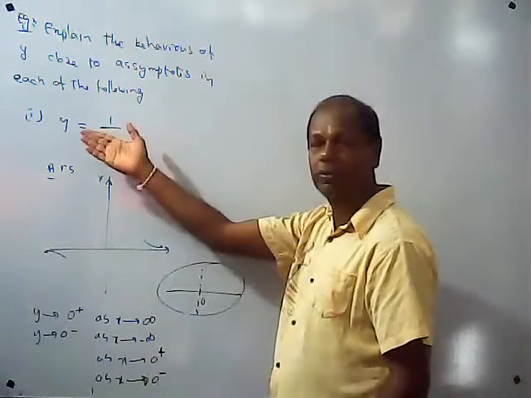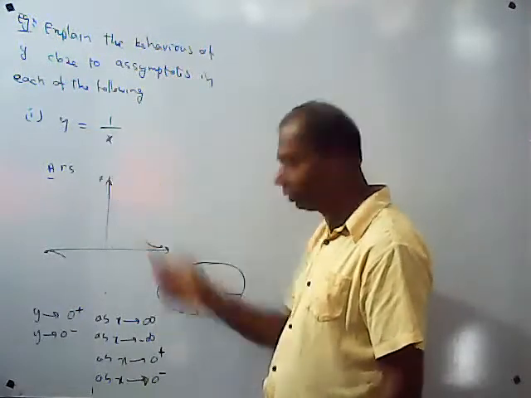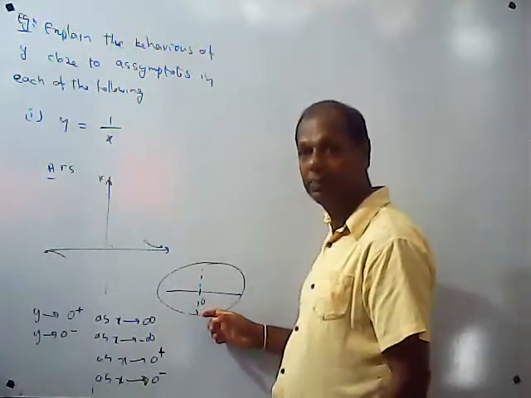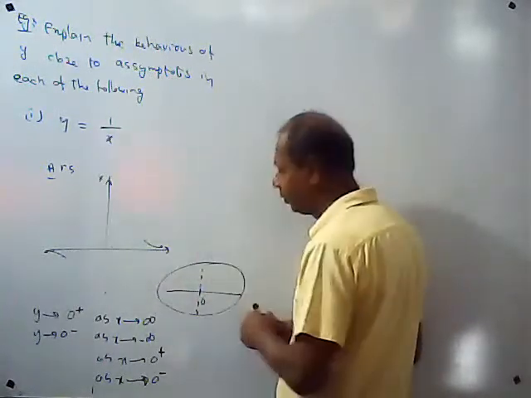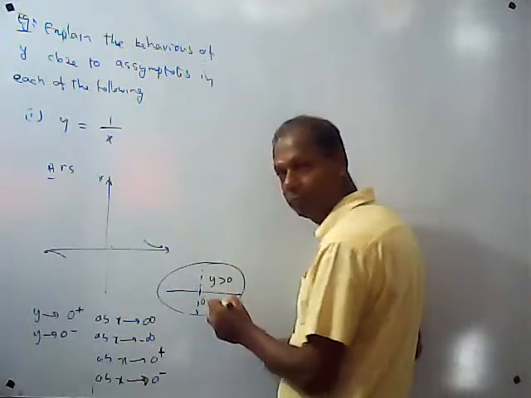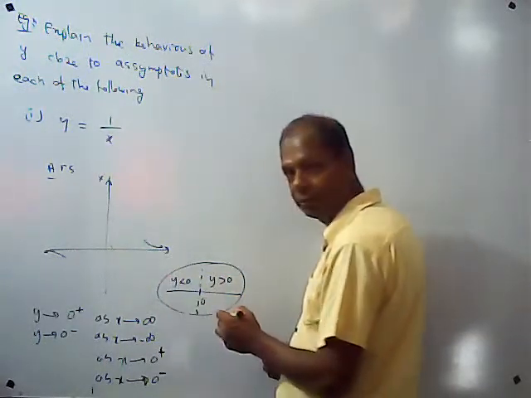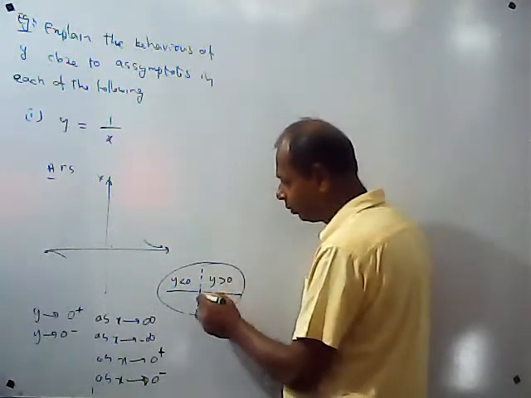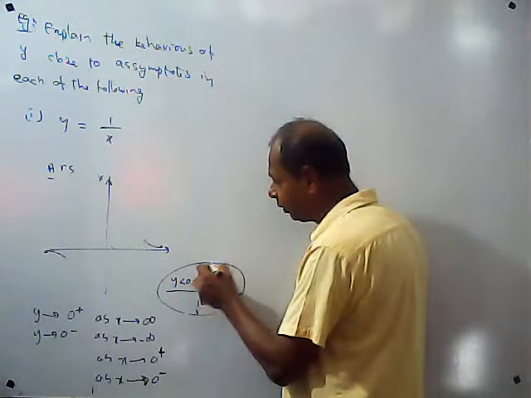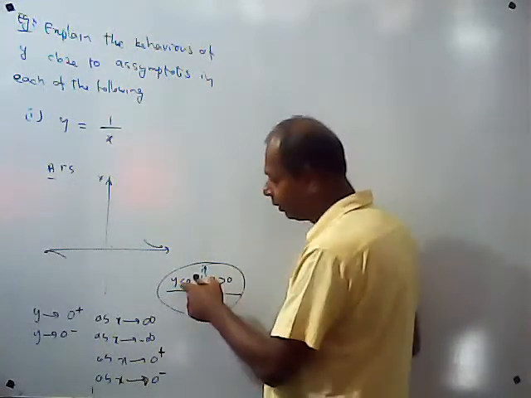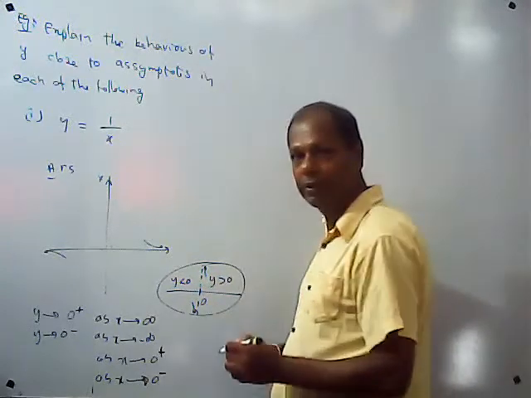So whether y is positive or negative depends upon if x is right of 0 or left of 0. Only 0 you have to mark. Right of 0 you know that y is positive. Left of 0 y is negative. So since y is positive right of 0, it should go to positive infinity. Since y is negative left of 0, it should go to negative infinity.